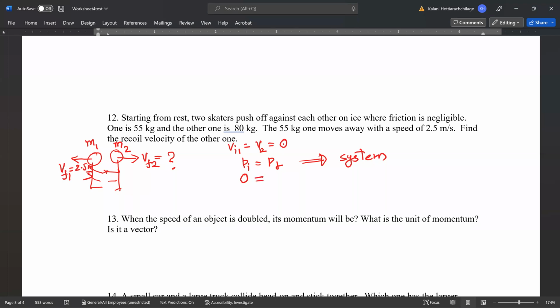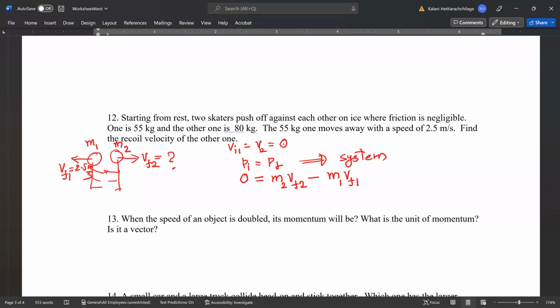So now for both people, I have M2 and V final 2, minus M1 and V final 1.